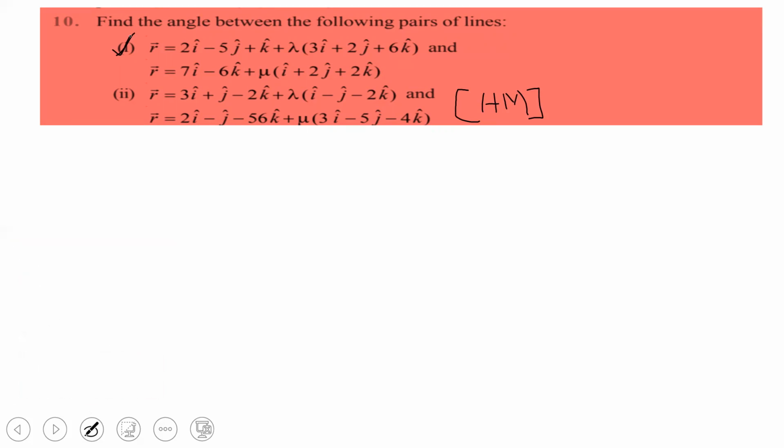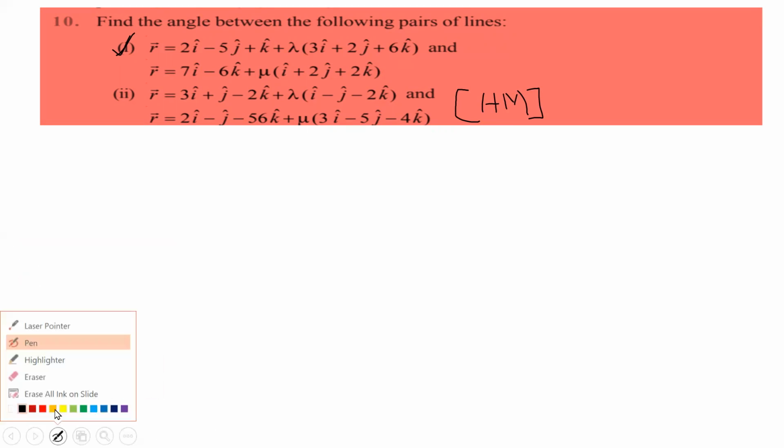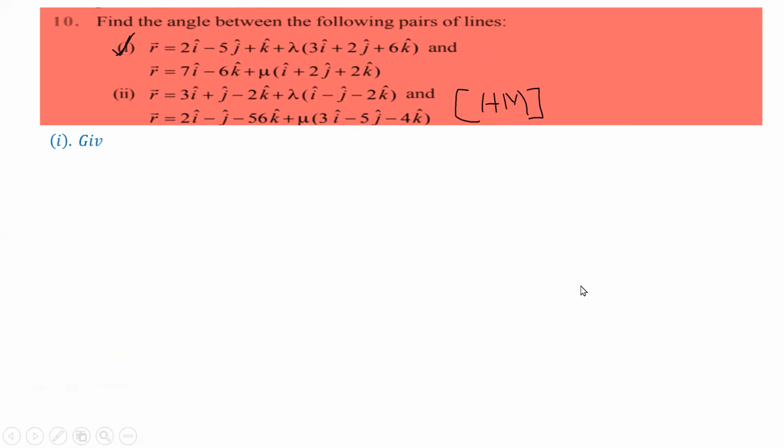Two equations are given in vector form. So firstly, write down the lines. The first line is parallel to the vector 3i cap plus 2j cap plus 6k cap, and the second line is parallel to the vector i cap plus 2j cap plus 2k cap.